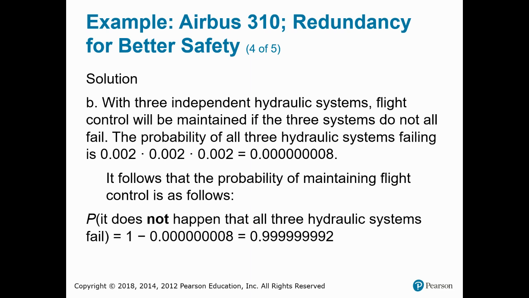The second hydraulic system has the same probability of failure. The third one has the same probability of failure. We multiply all 3 of those together, and that's the probability of all 3 of them failing. That's pretty small, right? So the probability of at least one of them working is 1 minus that.